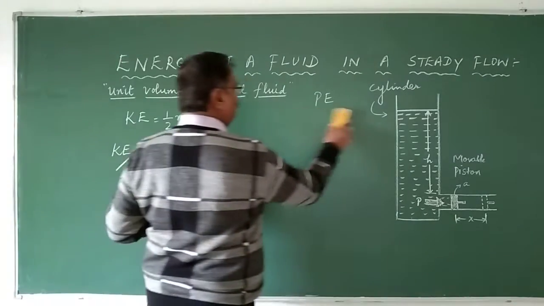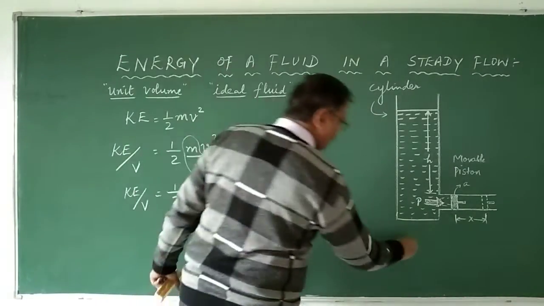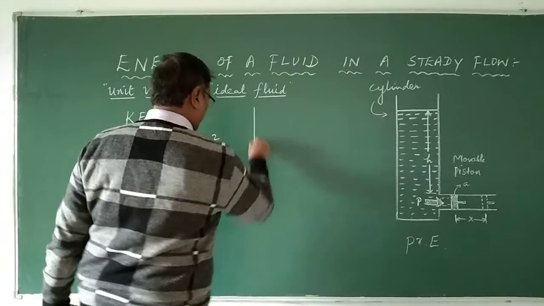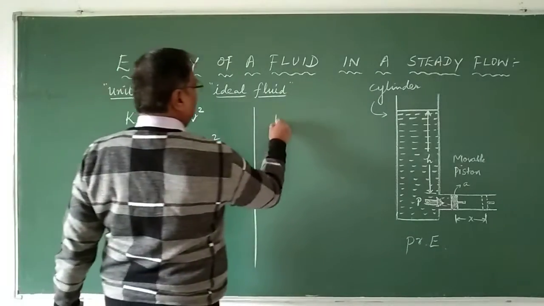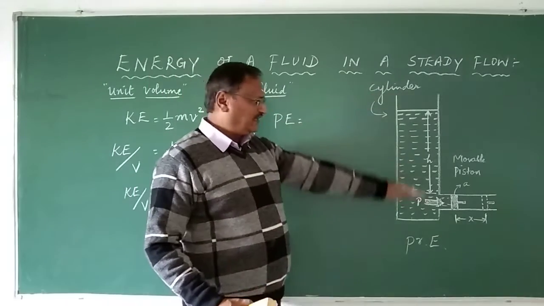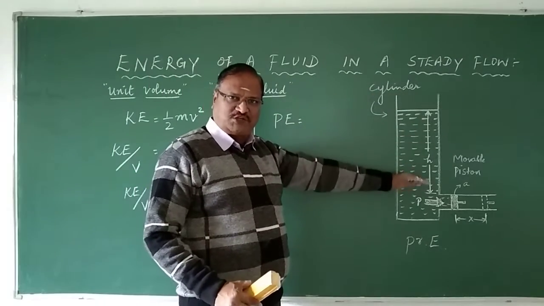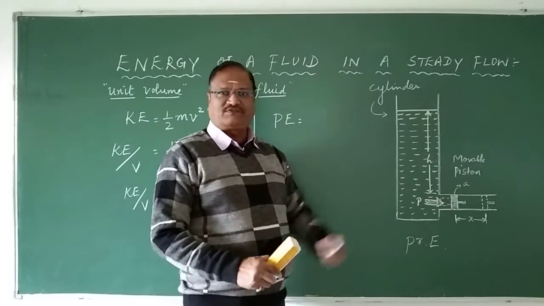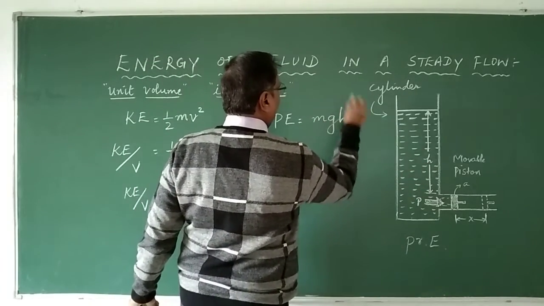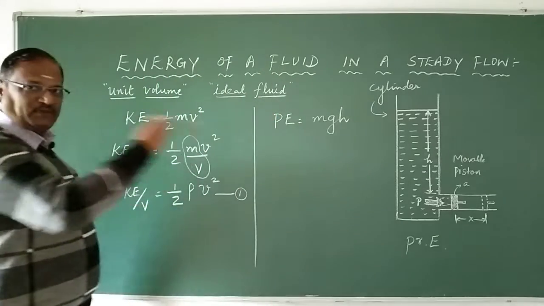Next, we move to potential energy. Okay, we will keep pressure energy here. This is the first one. Second point is potential energy. What is the potential energy? Gravitational potential energy, which is due to the height of the liquid column, which is equal to mgh. Okay, this is a normal formula.